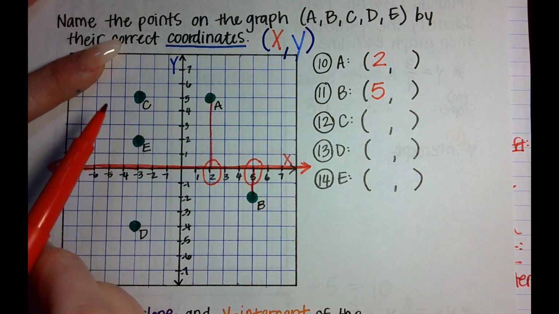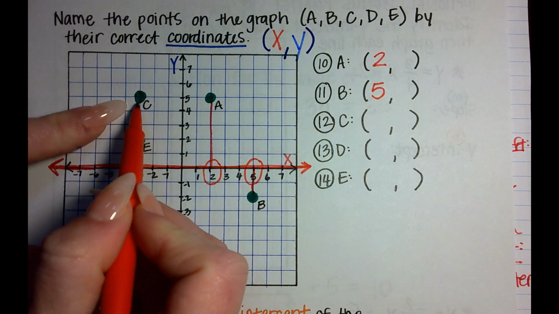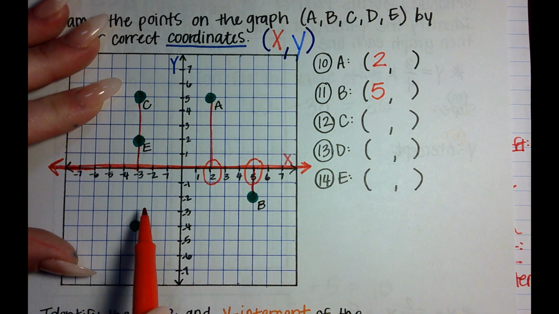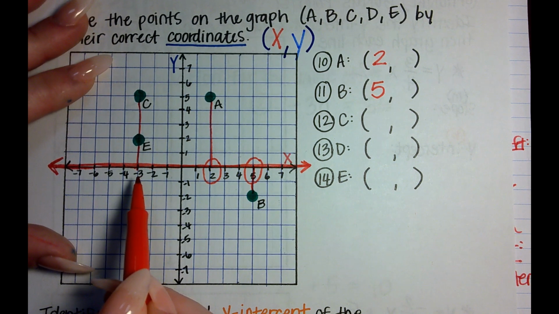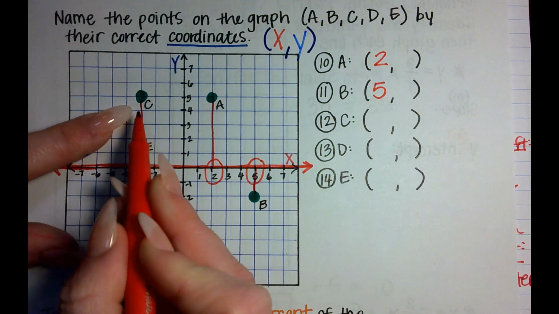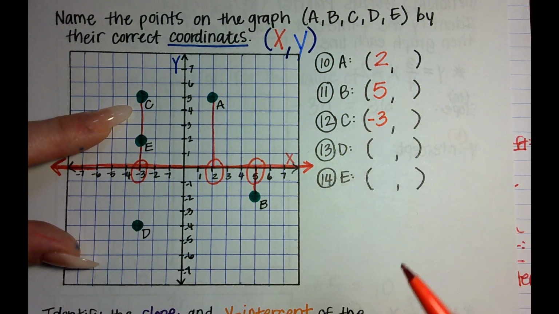Now we're going to look at point C. Point C, where does it line up on the x-axis? -3. Good. So C lines up with -3.